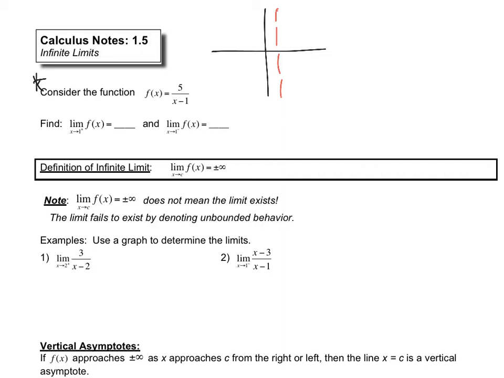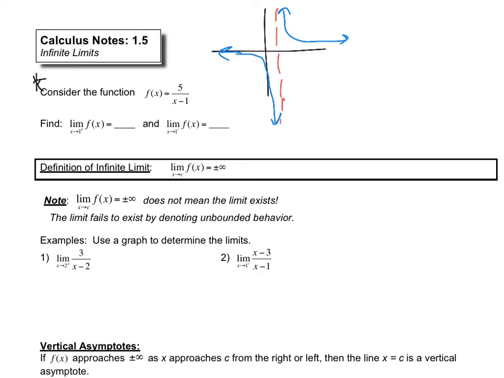And if you think back to Math 3 and earlier this year, thinking about the parent function 1 over x, this is a transformation of that function. So we know that 1 over x behaves like this. Now this is just a sketch, but this is enough for us to talk about limits of this function.